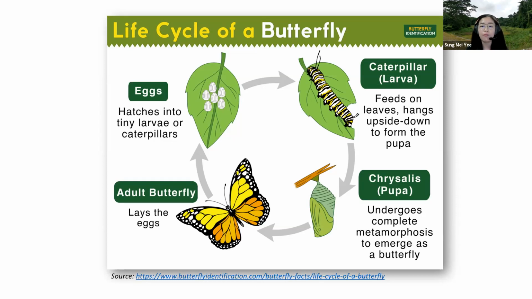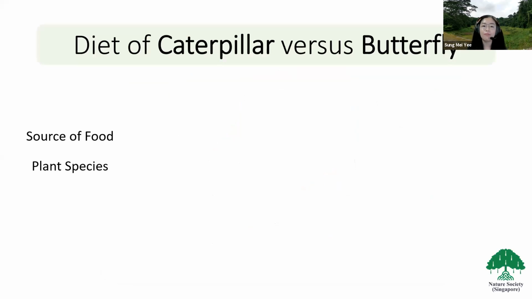At each stage of their life cycle, they have a different goal. The caterpillars, for example, eat a lot, whereas adult butterflies reproduce. Having said that, adult butterflies also need food, which is why on the next slide I'm going to compare the diet of the caterpillar versus the butterfly.